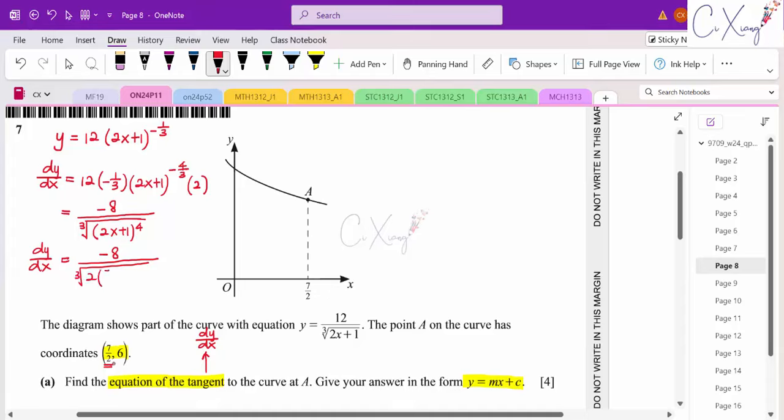You're having 7 over 2, then plus 1, whole thing power 4. Okay, so please do a little bit of calculation. By right, you get the value which is negative half. And you need to know that this negative half means the gradient of the tangent.